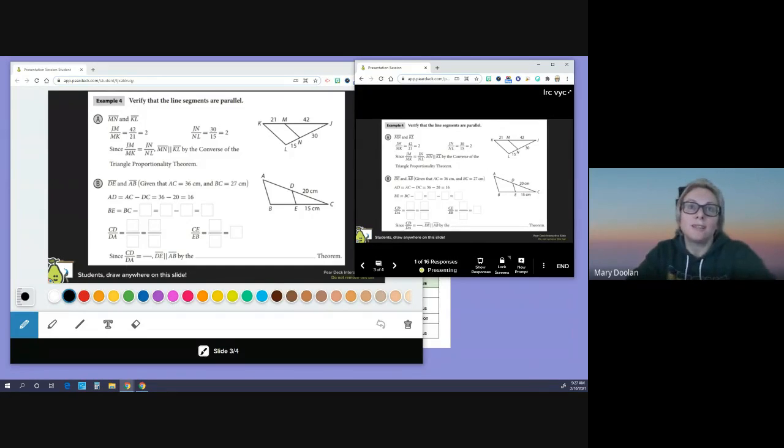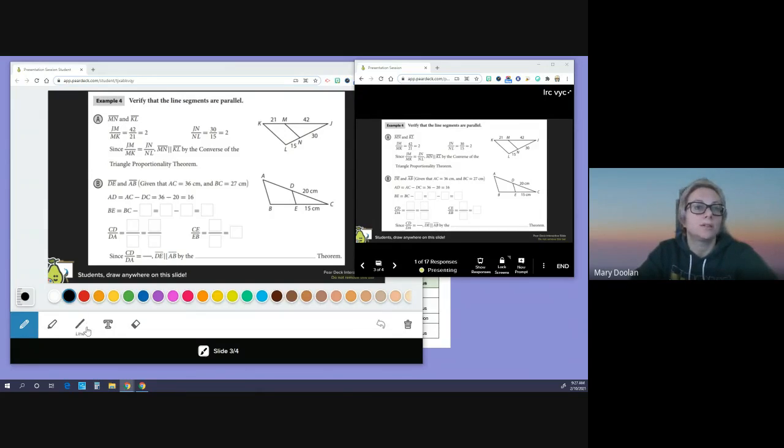It says verify that the line segments are parallel. When we're using the converse, we're going backwards with the triangle proportionality theorem. For this first example, we have segment MN and KL.